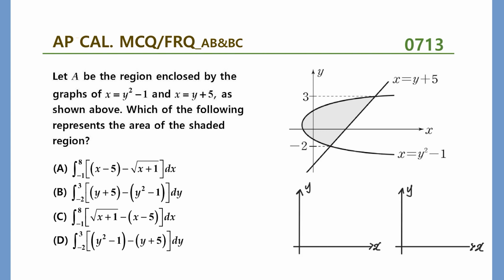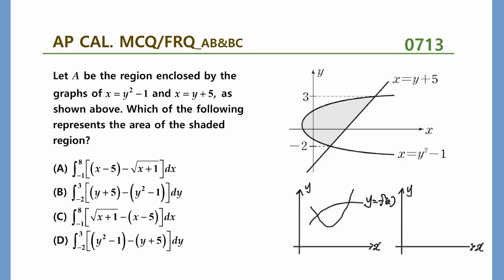Let's say we have two different functions f and g. Let's say this is function f of x and this is function g of x, and this is our bounded region from a to b. The area of this region is the definite integral from a to b.